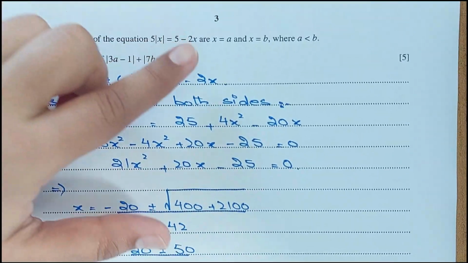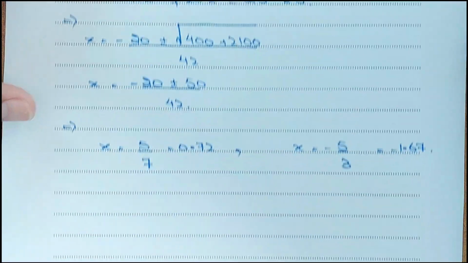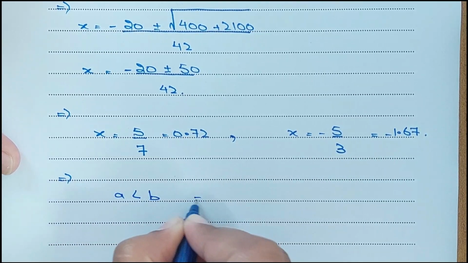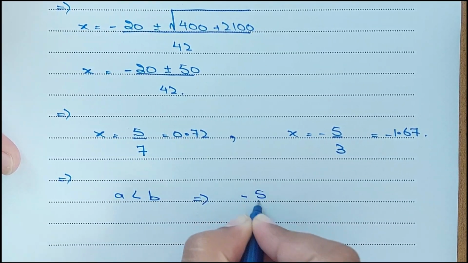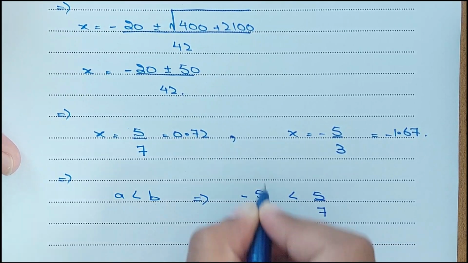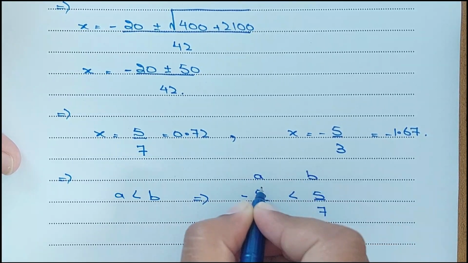So we have two solutions, a and b, where a is less than b. This implies the a value is -5/3, which is less than 5/7. This is your a value and this is the b value.